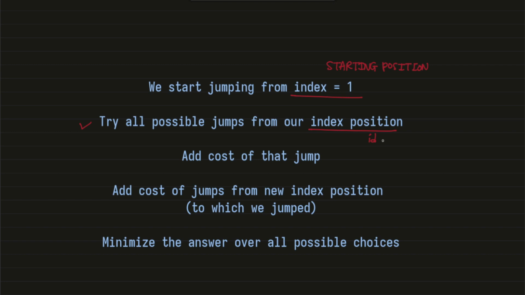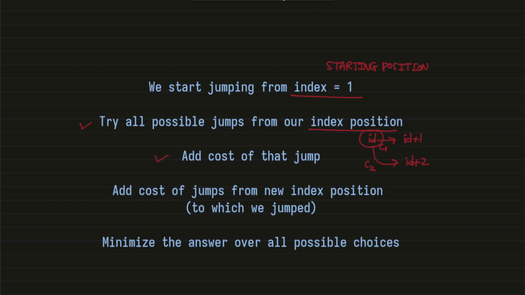So from id we can move on to id+1, and some cost would be involved in that, or we can move on to index id+2 and some cost is involved in that, and we add the cost of that jump and move on to the next index that is available.